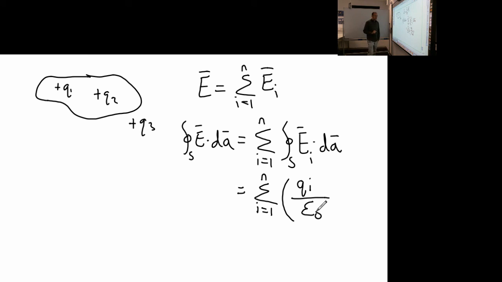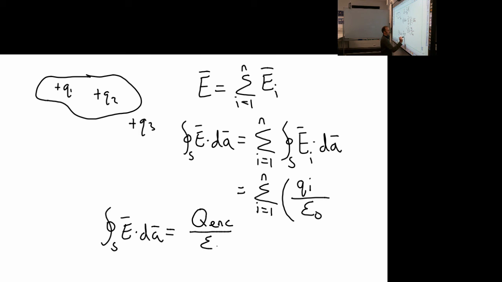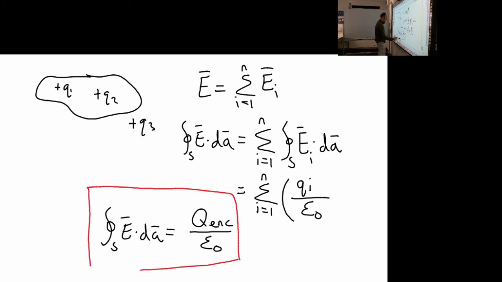And so for any closed surface, what we have is the integral of E dot dA is equal to the total charge enclosed divided by epsilon naught. Okay, so the flux is given by the total charge enclosed by that surface divided by epsilon naught.